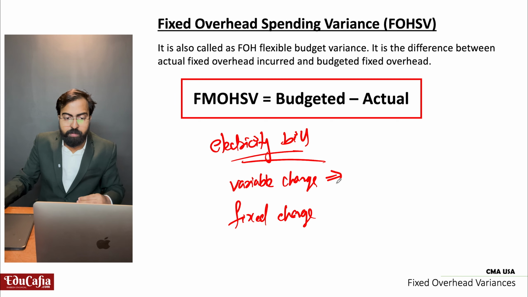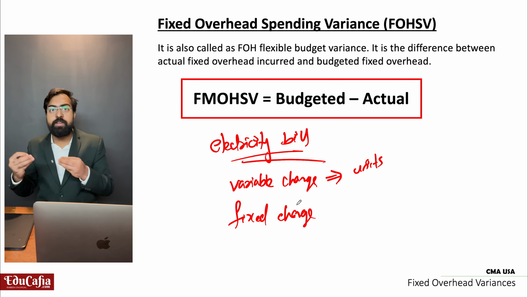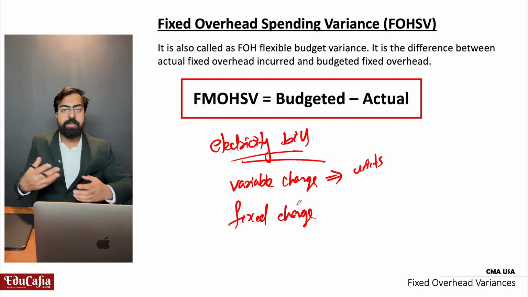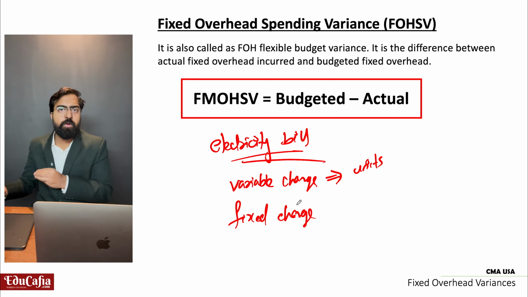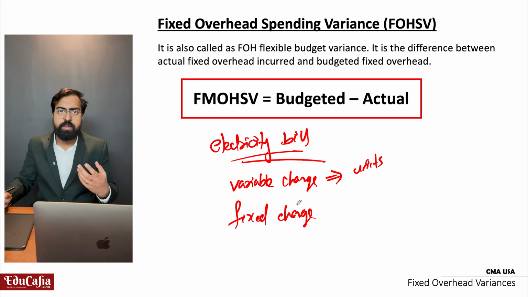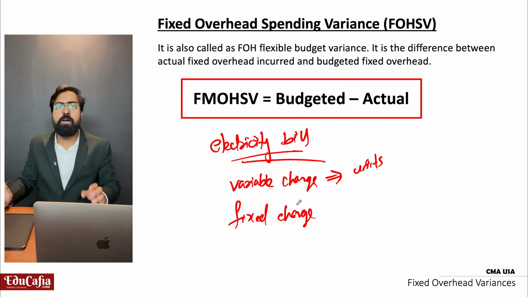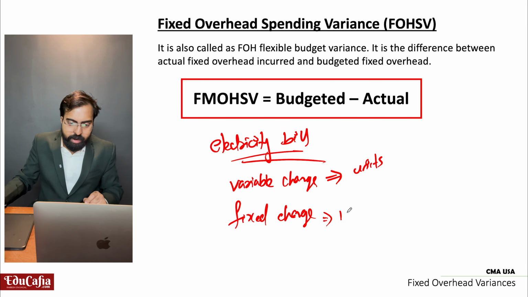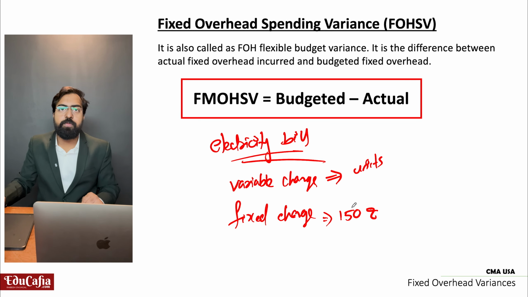Variable cost is nothing but the units we are using. If you use more electricity, if you are using more light, fan, AC, TV, mixer, grinder, your units of consumption will also increase. That is nothing but a variable charge. But there will be a fixed charge like 115 rupees or dollars. When it comes to a factory, we are not going to discuss a house.